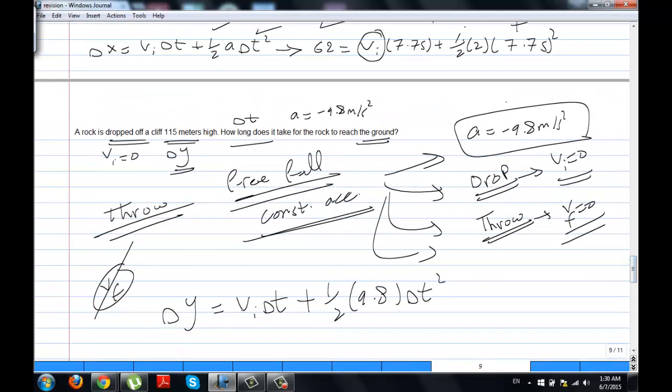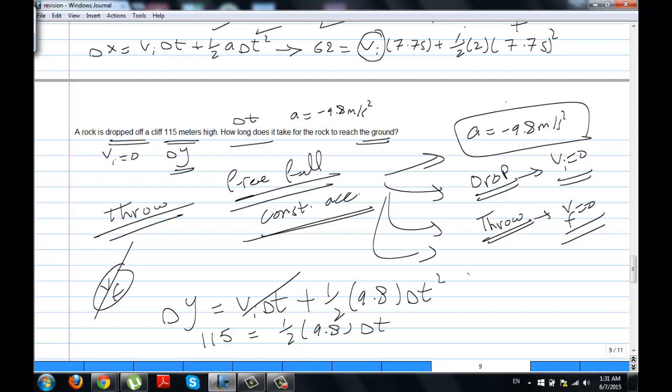And here we know that vi is 0, so vi delta t is 0. The whole value is 0 because 0 multiplied by anything is 0. So delta y, 115 here, is equal to half 9.8 delta t square.